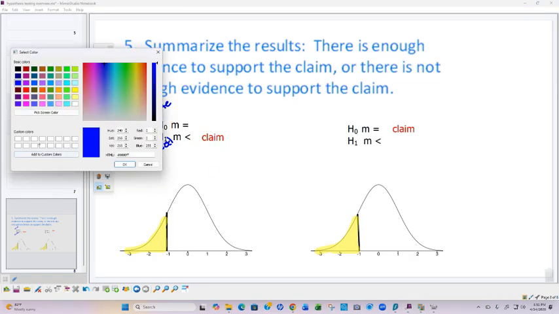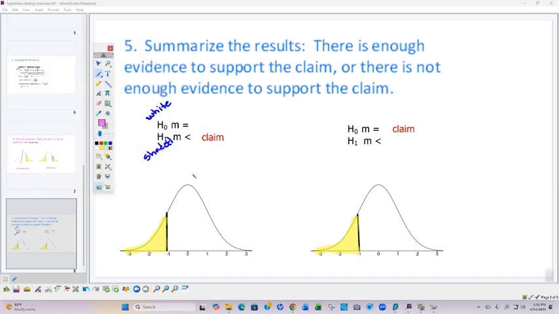So let me get a different color here. If my test value is here, okay, and they claimed the shaded, I have two choices. There is enough evidence to support the claim, or there is not enough evidence to support the claim. My claim is the shaded. Is my evidence there? No, my evidence is the pink line.